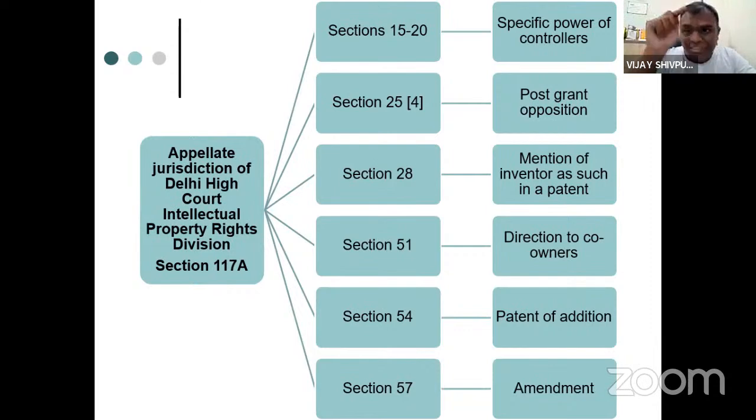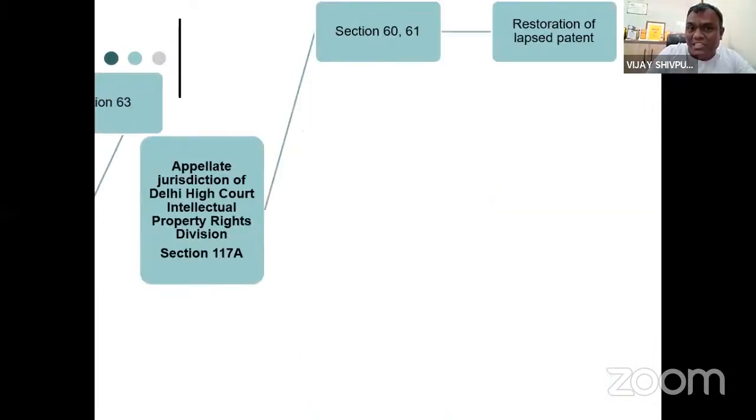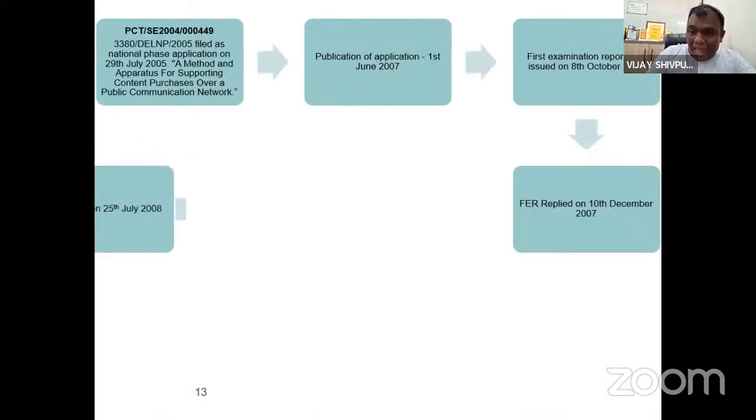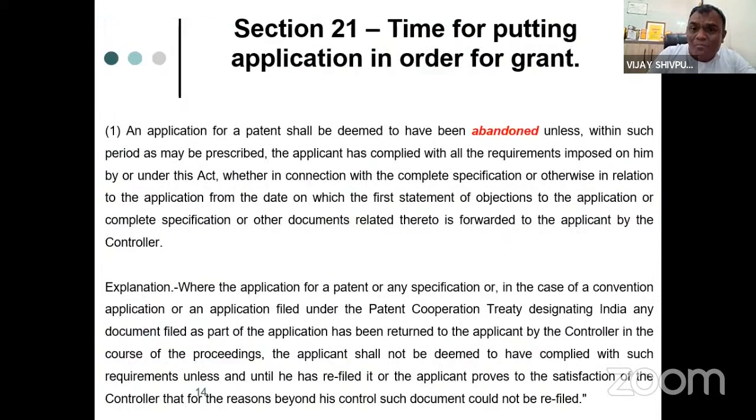Now, under section 15, if you have seen section 15 specifically, the controller has a power to refuse or amend the application under section 15. But that refusal can be challenged in the IPAB or the Intellectual Property Rights Division.